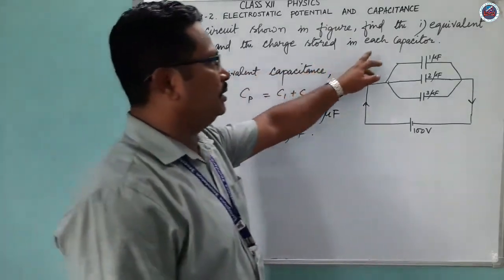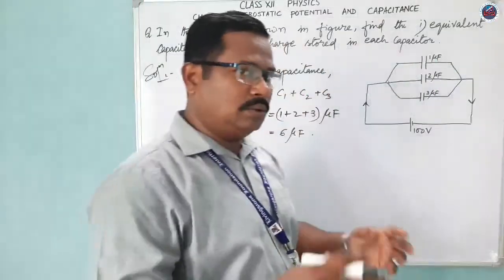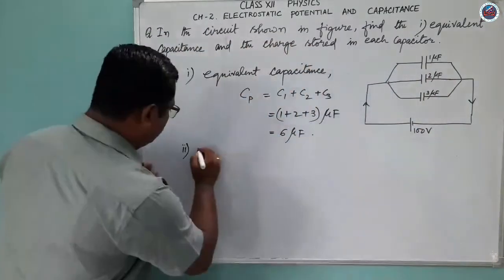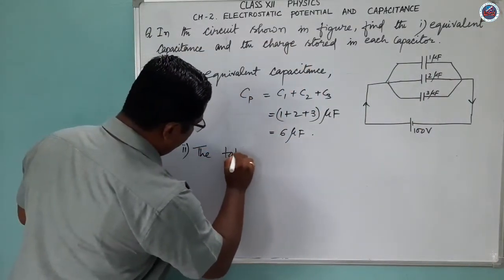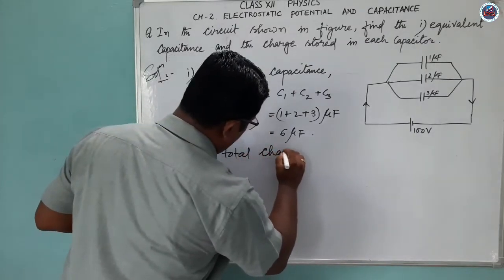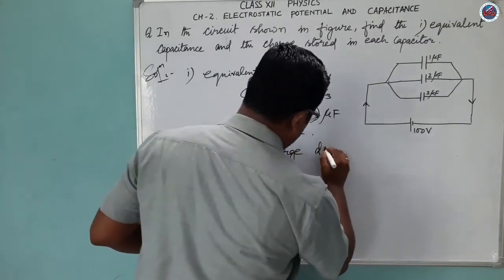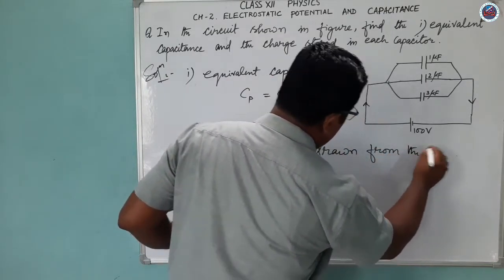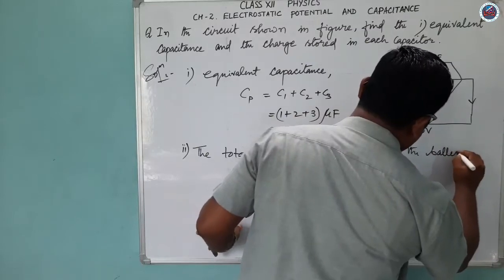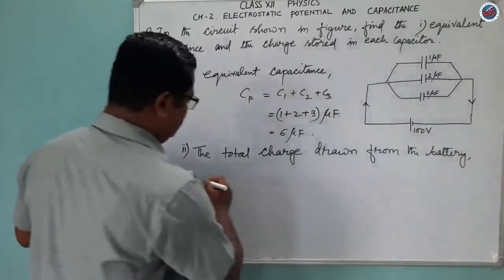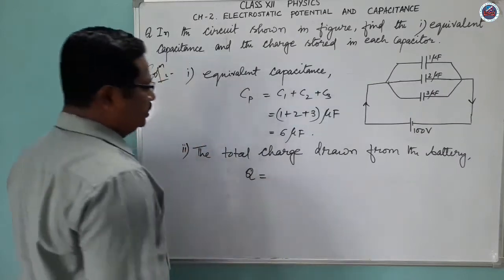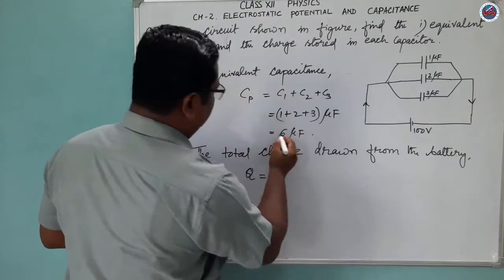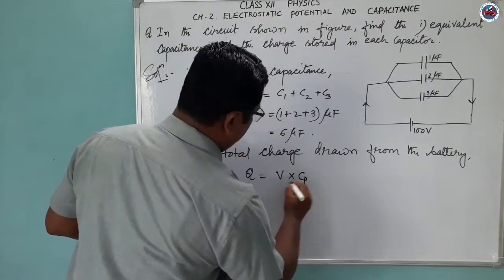And the charge stored in each capacitor. Now the charge stored in each capacitor will depend upon their own capacities. Total charge drawn from the battery, if you write it as Q, the total charge Q will be the potential V multiplied by the capacitance Cp.